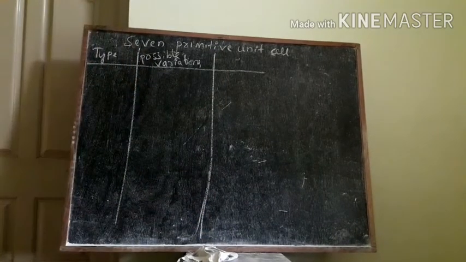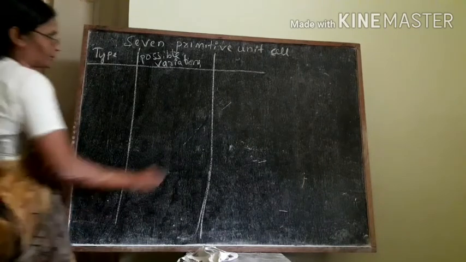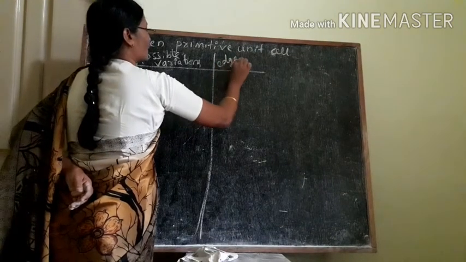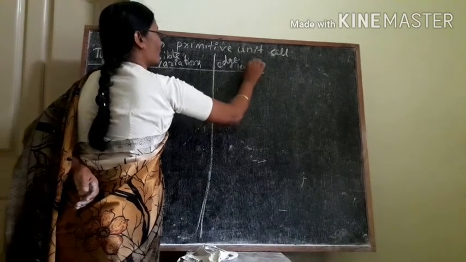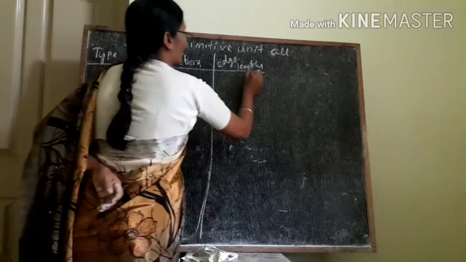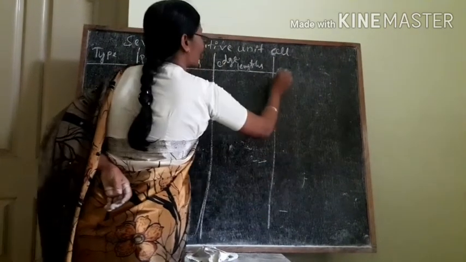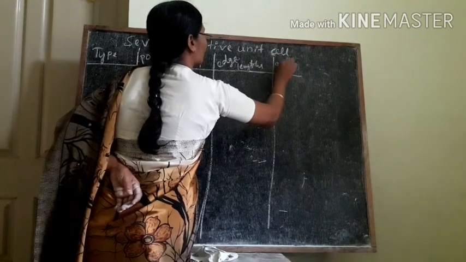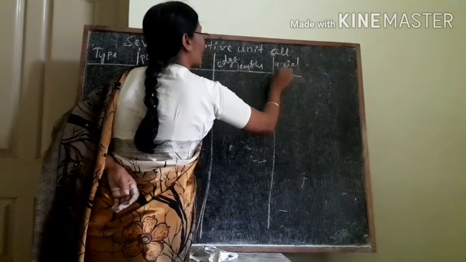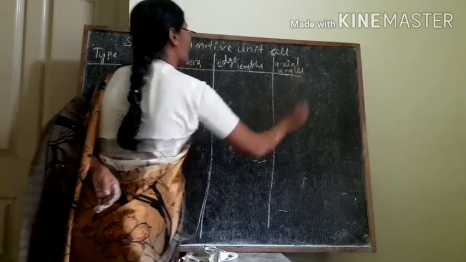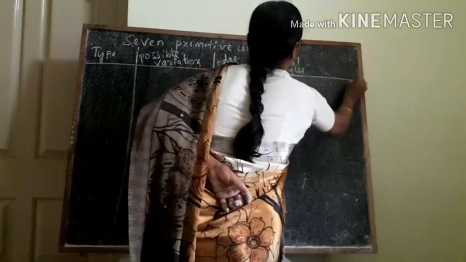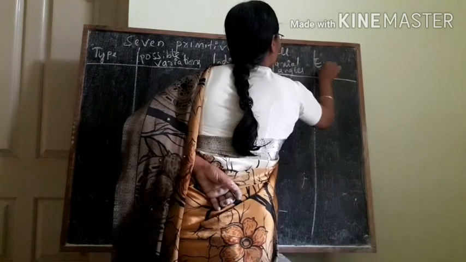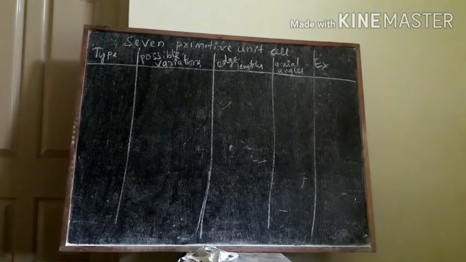Next is axial distances or edge lengths, then axial angles between the edges, and the last point is examples. This is somewhat for competitive examination, it is not for theory.